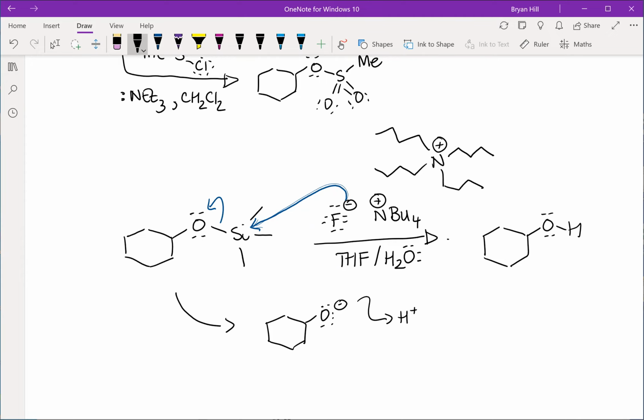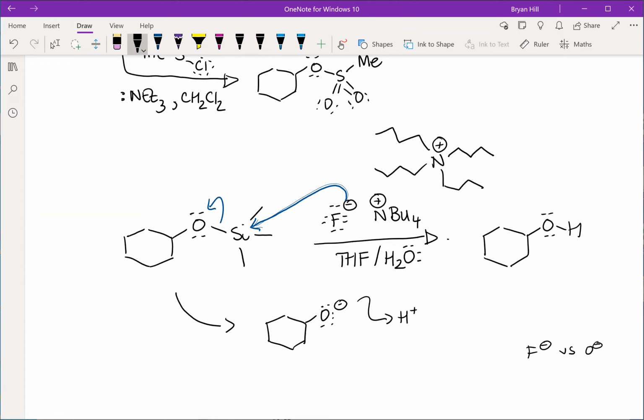Now you might say, oh, wait a second, didn't we in organic 1 just do a whole section on what's more stable, F- versus O-? And F- is stabilized by electronegativity. So why would this reaction take place since we're making an O-?